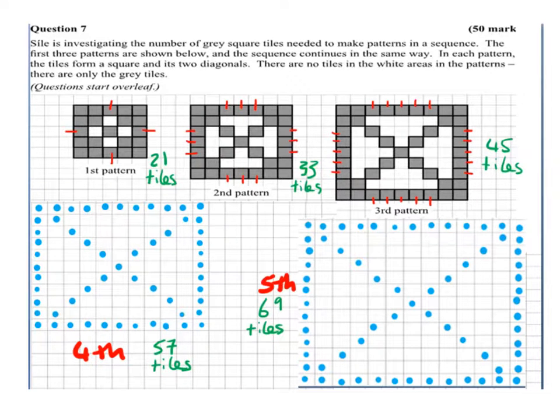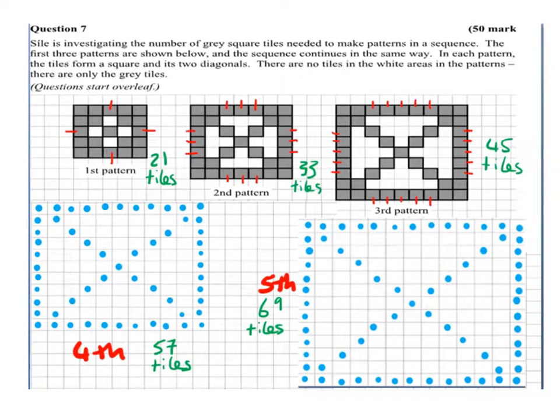So another pattern you may have seen was that we started off with the 4 corners. So 1, 2, 3, 4 squares, and then we had the 4 corners on the top right, the 4 corners on the bottom right, and the 4 corners on the bottom left. And then there was a single square in between each of those.